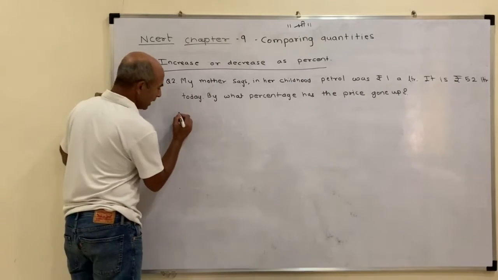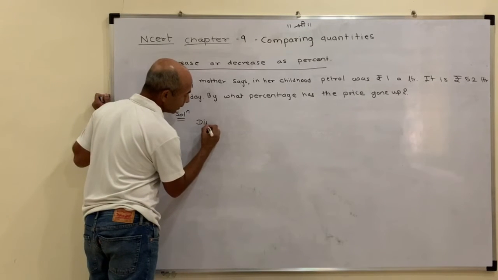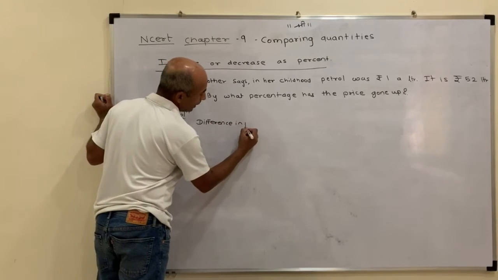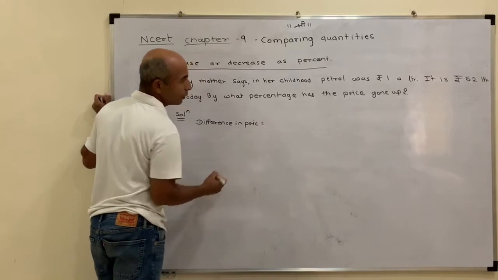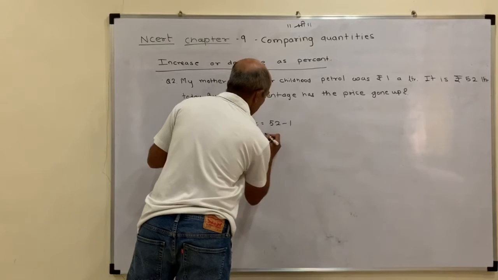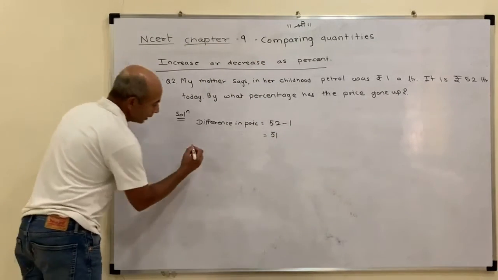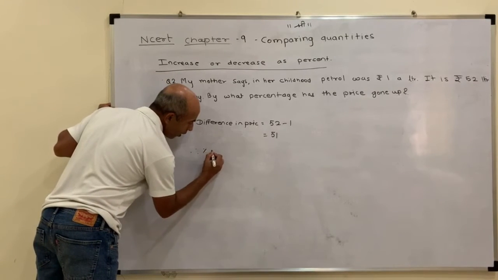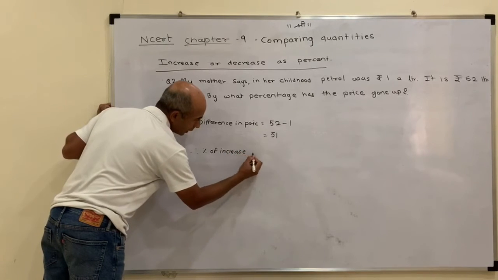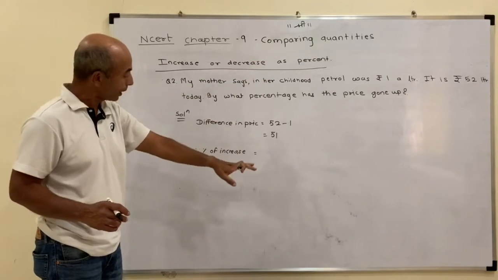Same method, same steps which we did before. The difference in price is equal to today's price minus previous price. So it comes out to be 51. Therefore, percent of increase, since it rises from 1 rupee to 52 rupees, we say percent of increase.